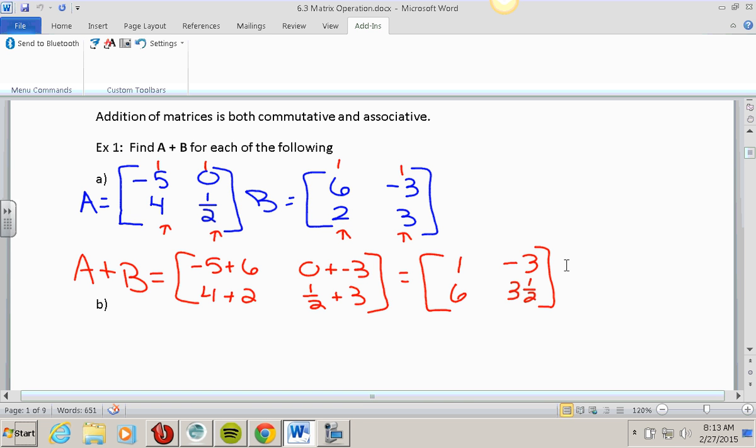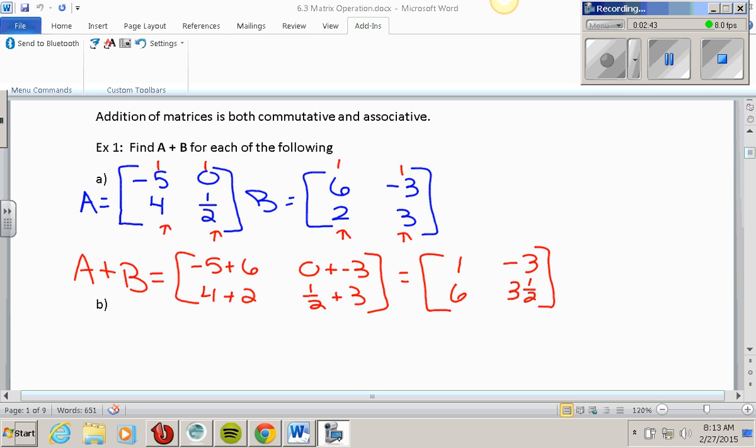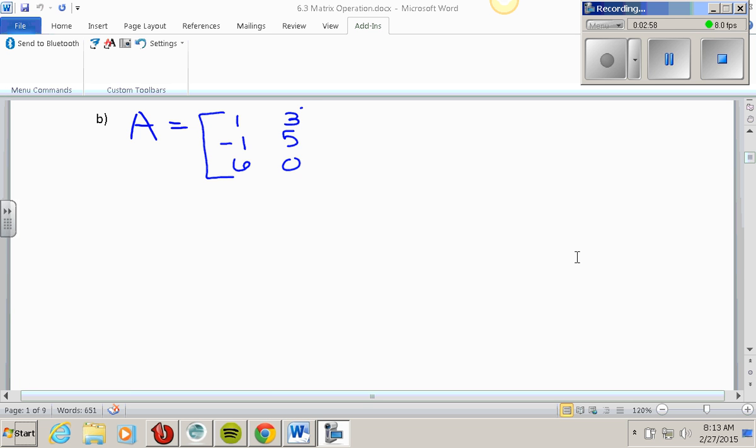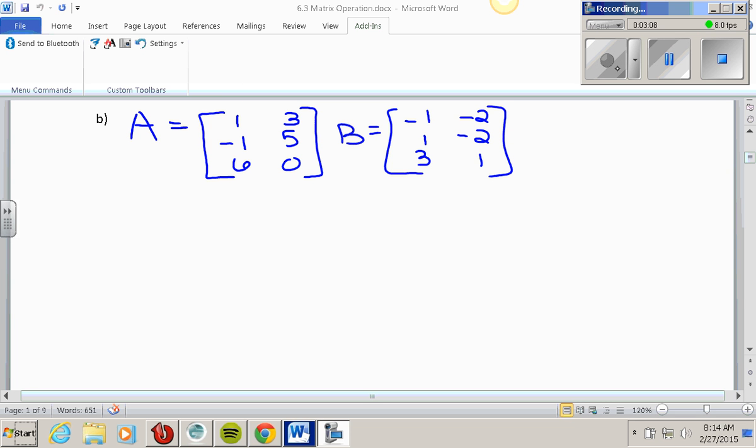Okay. So let's look at a second example of this. We have matrix A: 1, negative 1, 6, 3, 5, 0, and matrix B: negative 1, 1, 3, negative 2, negative 2, 1. These are 3 by 2 matrices, 3 rows, 2 columns.